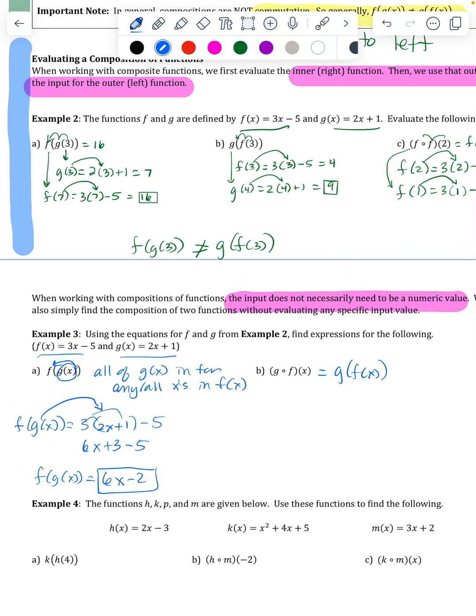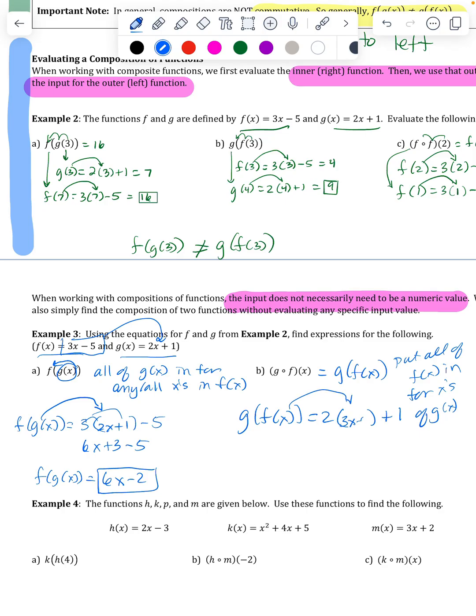So here we're going to put all of F, that whole function, in for the X's of G of X. So G of F of X is going to take all of function F and put it in for the X in function G. So in here, I'm going to put in my 3X minus 5, and then I'm just going to math it.